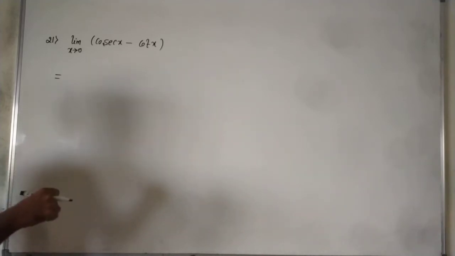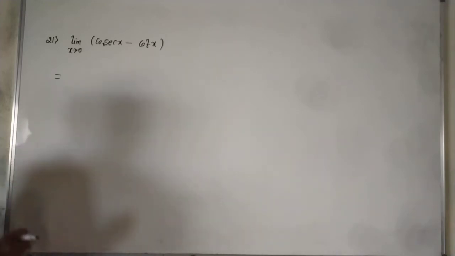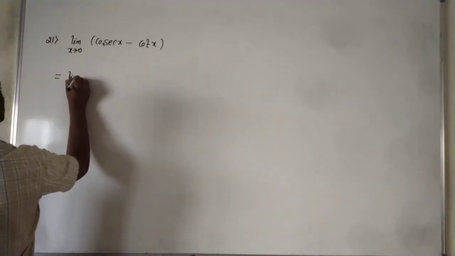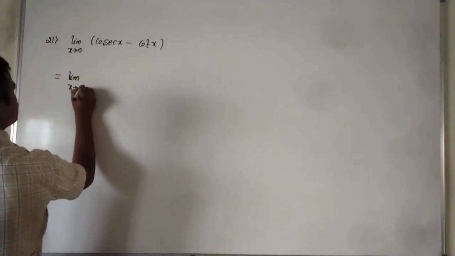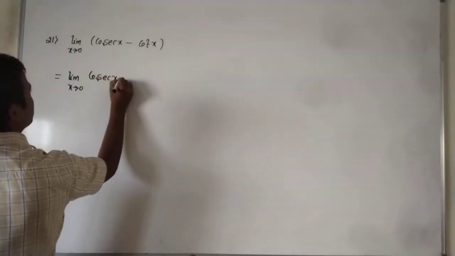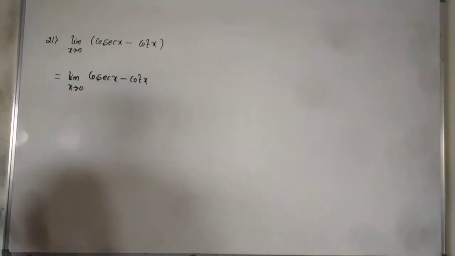Otherwise, if it is undefined, then we have to bring it to a defined form by making simplification and adjustment. So let me take the problem: limit as x tends to 0 of cosec x minus cot x.